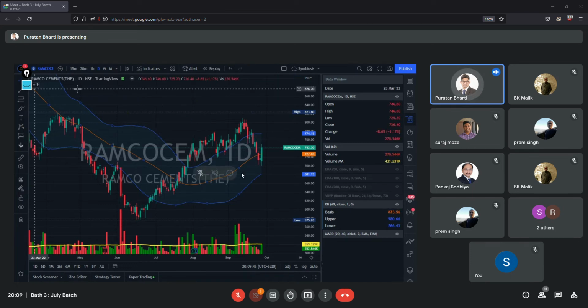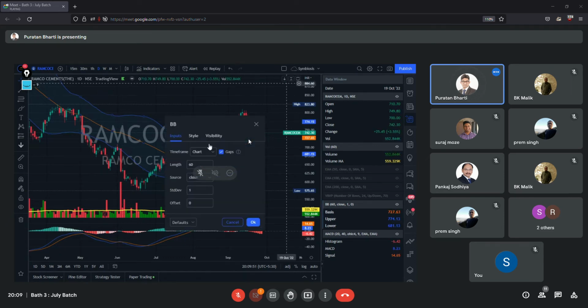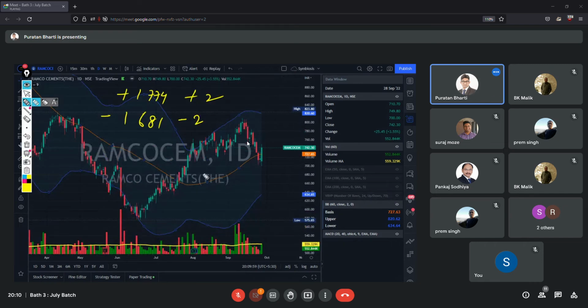If you look at plus minus 2 standard deviation, which is the default setting for this one, just give me one moment, please. And if I do this 2, you will see how thick the band becomes, and the data becomes 820 and 634. But my target is not that huge because the stock price is at 742.